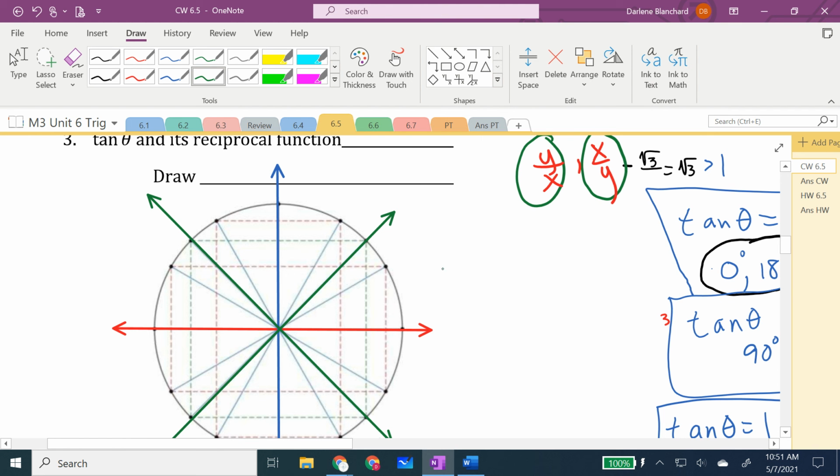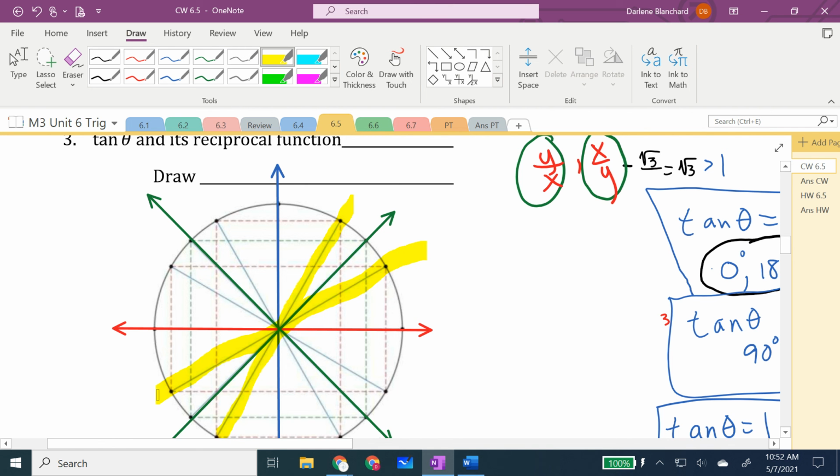And now see that all you have left are 2 lines with positive slope and 2 lines with negative slope. These are the angles where both tangent and cotangent are positive. The steeper one is where tangent is root 3. It has a steeper slope.